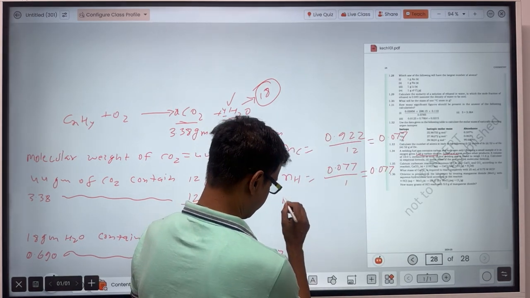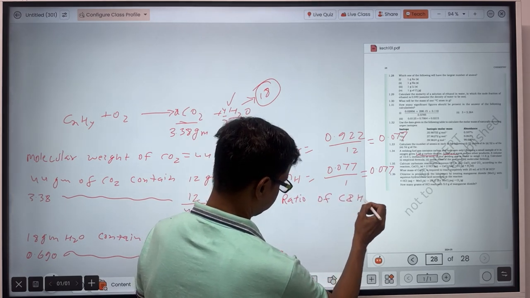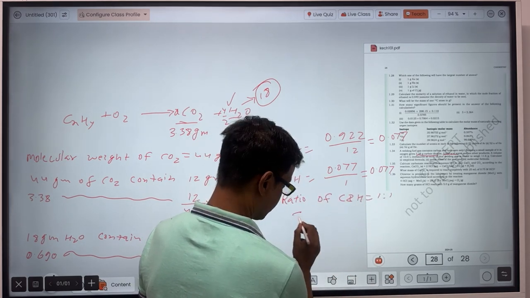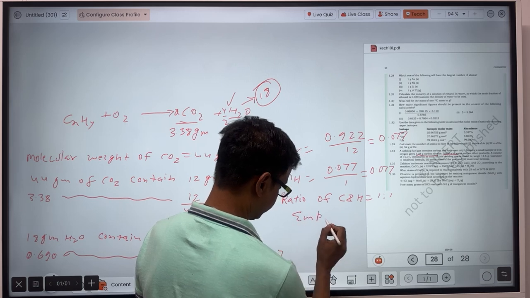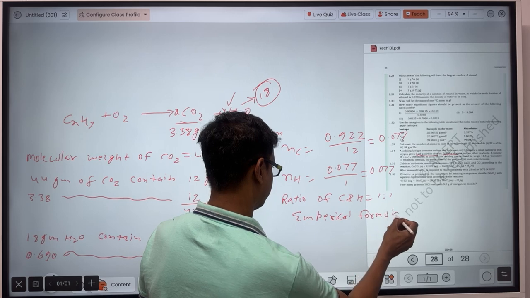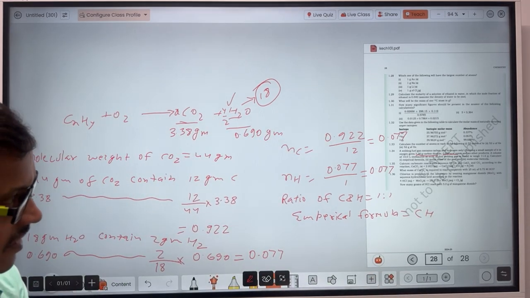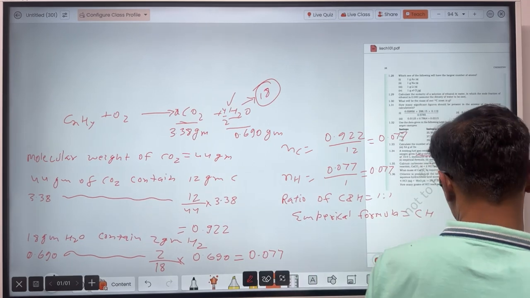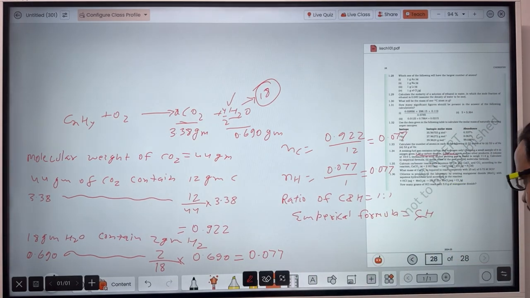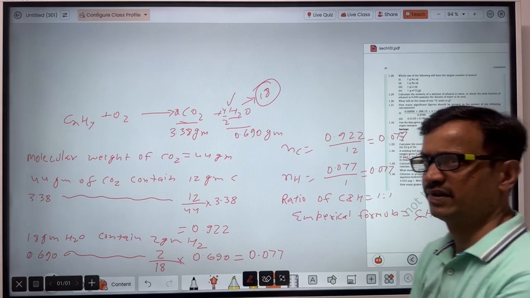So the empirical formula will be CH. Okay. Now you got the empirical formula, and the molecular weight has also been indirectly given. When the volume is 10 liter, their weight is 11.6 gram.